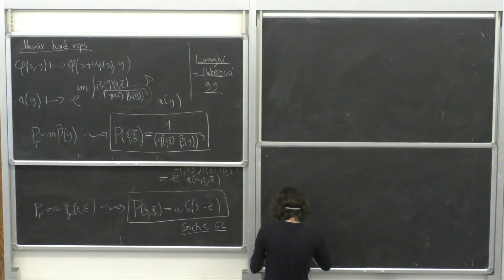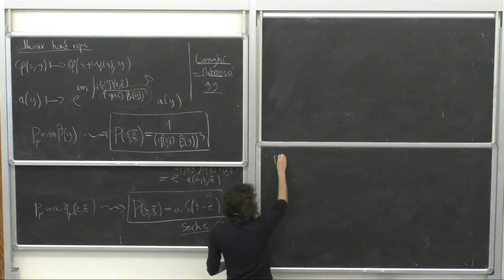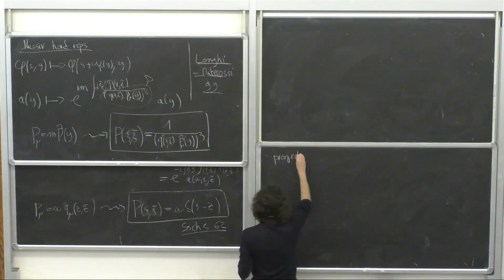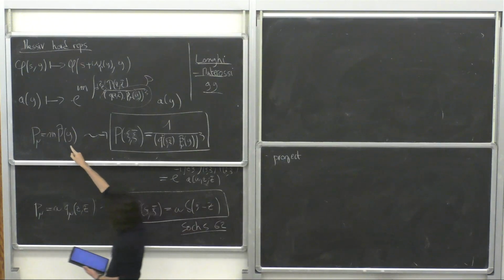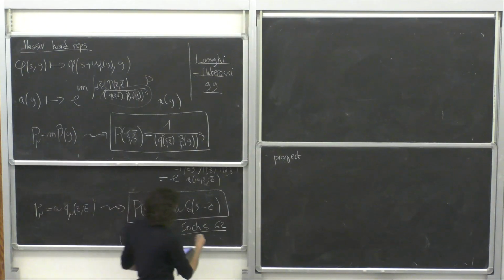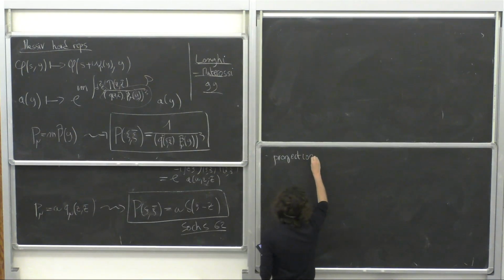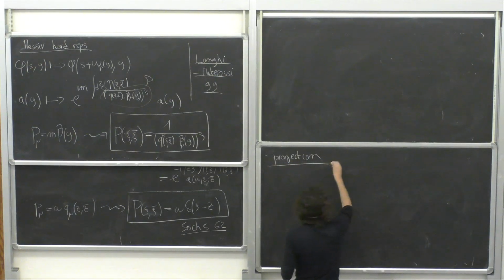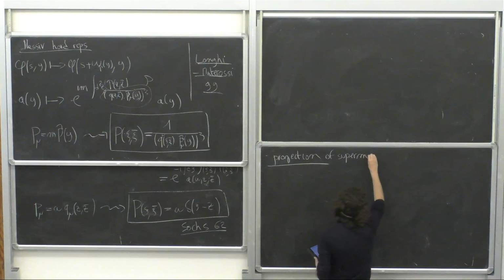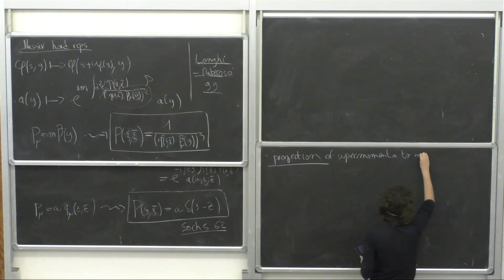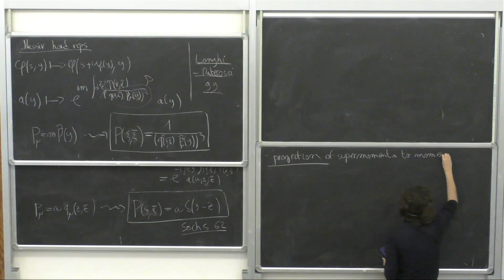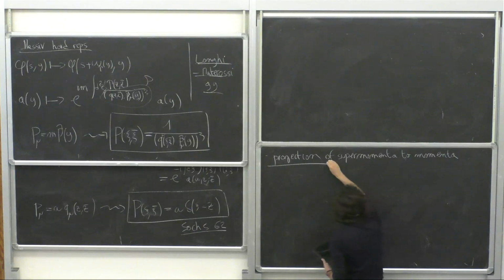So let me first talk about this. There always is a projection. When you're looking at the supermomenta, the usual momenta seem rather intuitive, while these supermomenta are not so intuitive. However, we can always project one to the other. Projection of supermomenta to momenta works as follows.